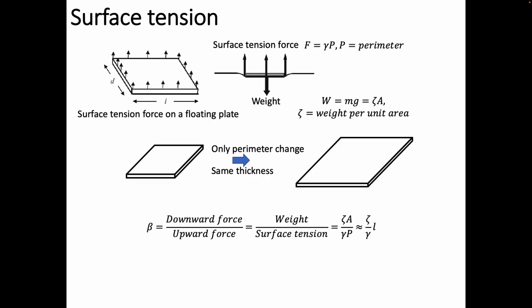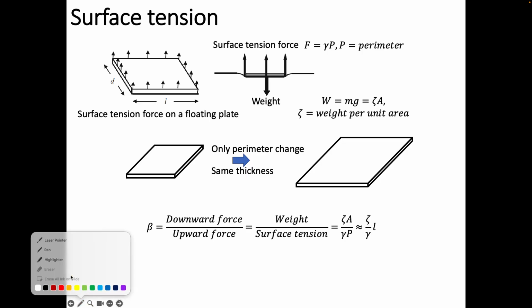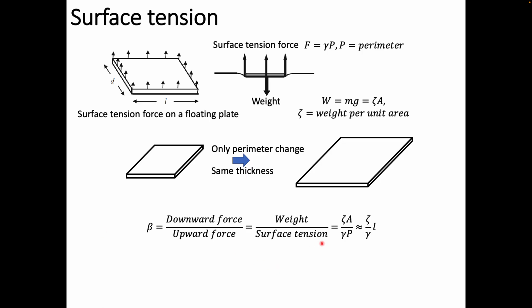So downward force, obviously weight, and then upward force is surface tension, right? So with that, weight we already obtained, that is tau times A, weight per unit area times cross-sectional area. And surface tension force is simply surface tension times perimeter, right?